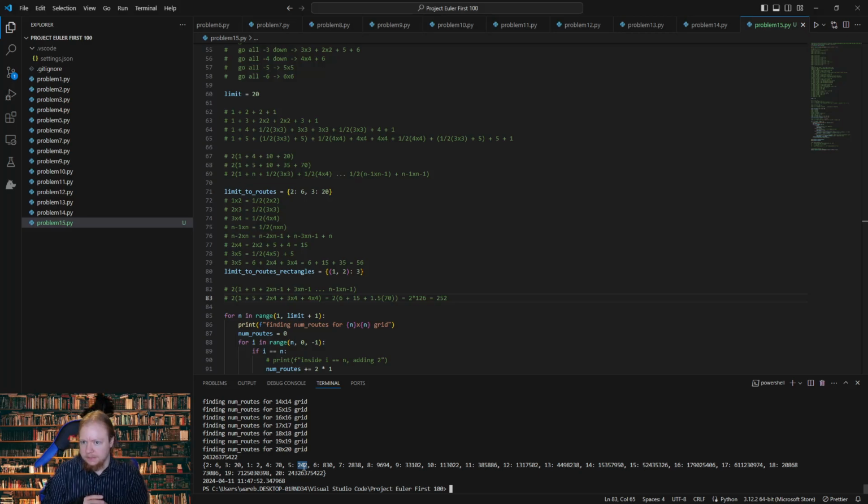Okay. Can we express any of these other terms, say, in terms of each other? So, like, n minus 1 by n minus 1, n minus 2 by n minus 1 is 1/2 of this.